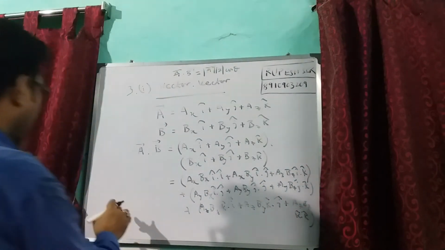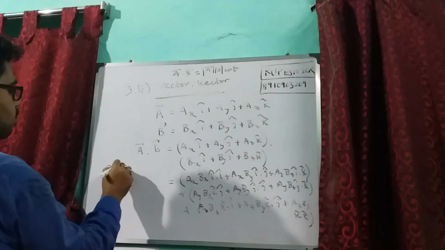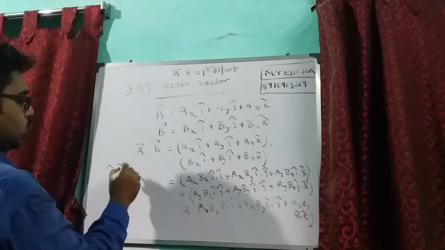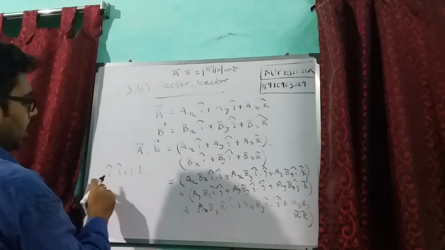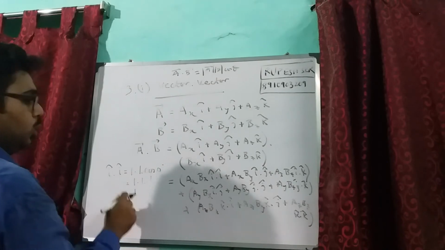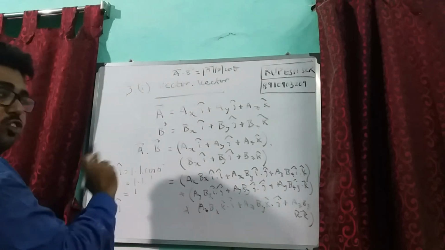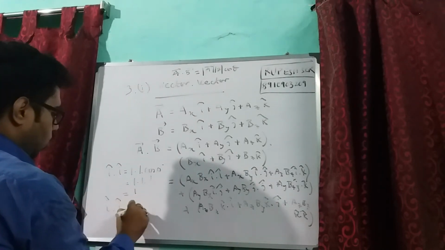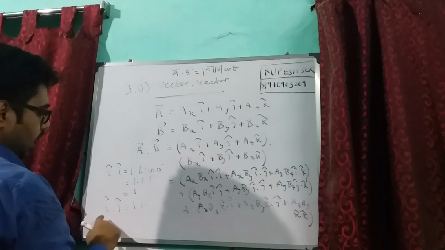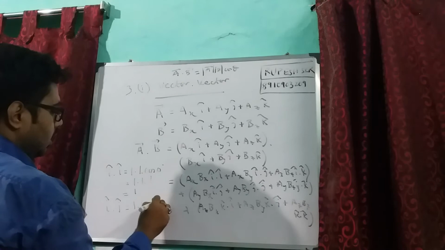Now see that when we dot product the same type of unit vector, using this formula, it is a unit vector, that is mod equals 1, and the angle between them is cos 0 degree, that is 1. So 1 times 1 times 1, and the answer will be 1. But when we dot product different kinds of unit vectors, like I cap dot j cap, we will have 1 times 1, and cos theta will be cos 90 degree.